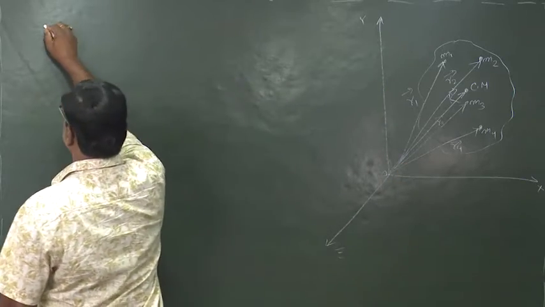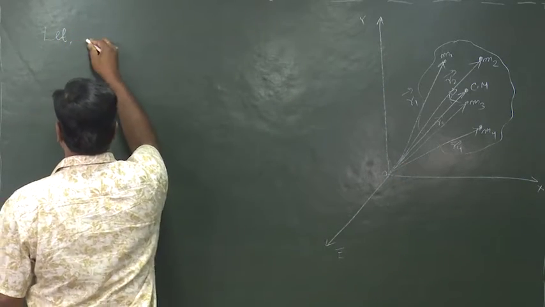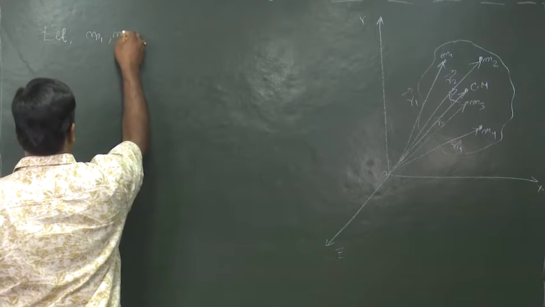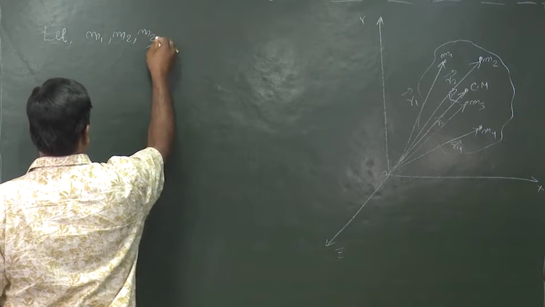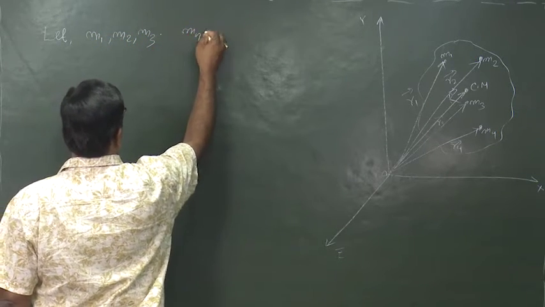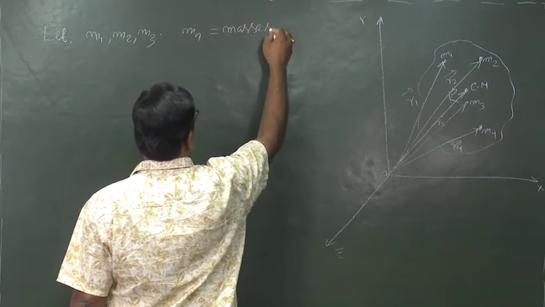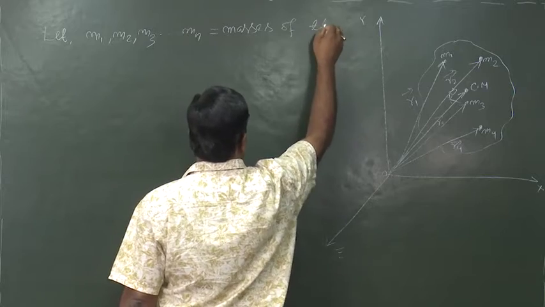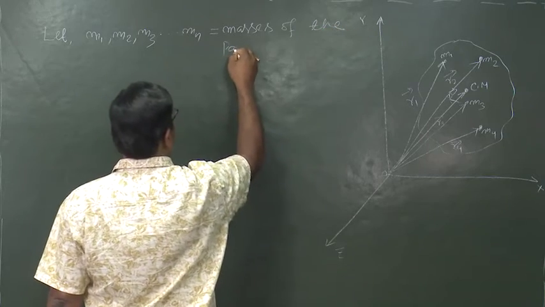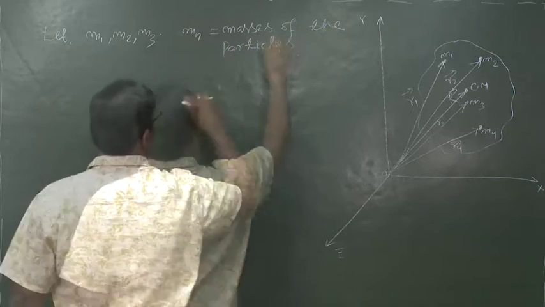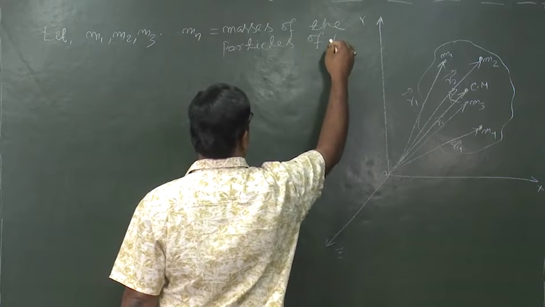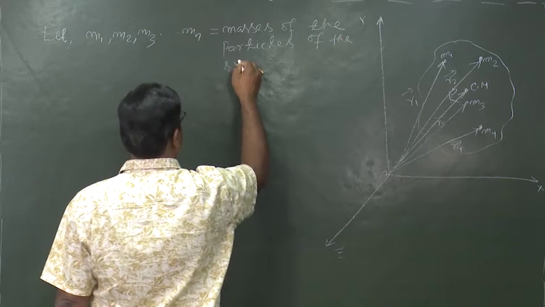Let m1, m2, m3 up to mn be the masses of the particles of the system.